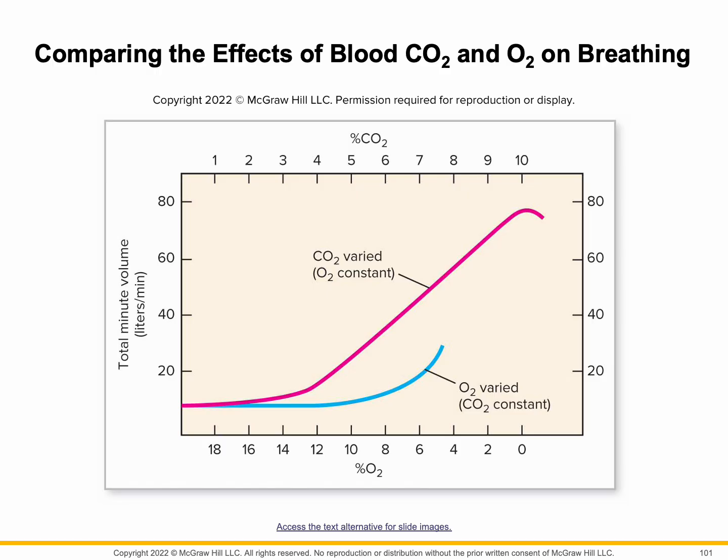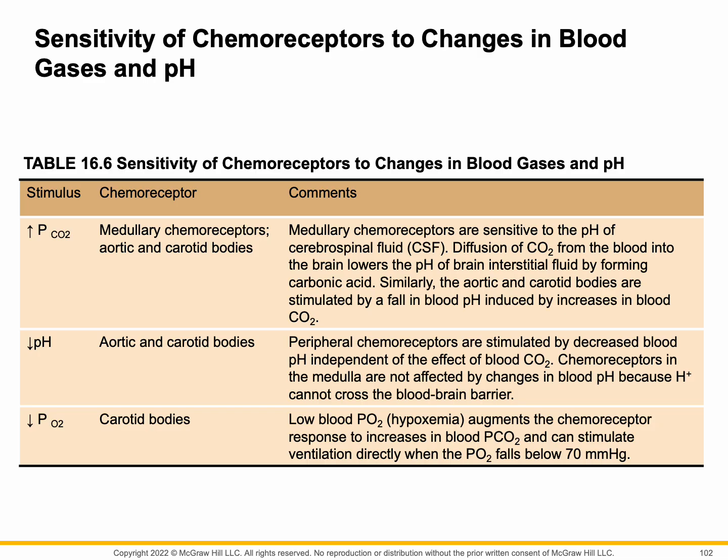The pink curve is labeled carbon dioxide varied or oxygen constant, and the blue curve is labeled oxygen varied or carbon dioxide constant. Class, please make sure you look at table 16.6, which is very important. Make sure you're able to summarize the sensitivity of chemoreceptors to changes in blood gases and pH levels.